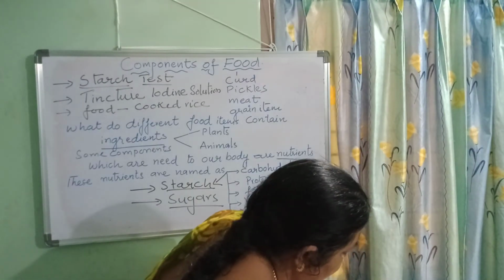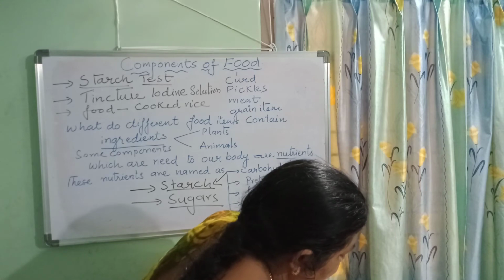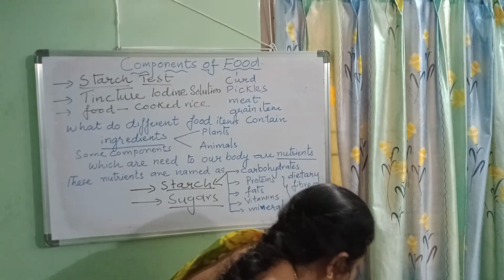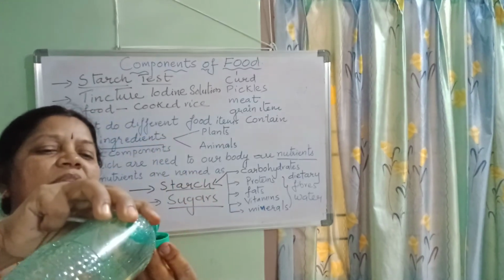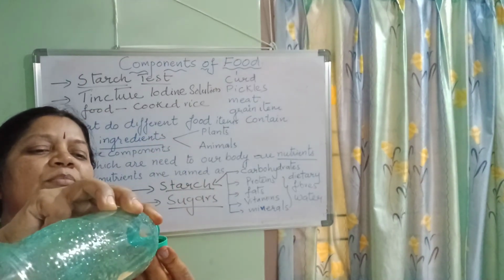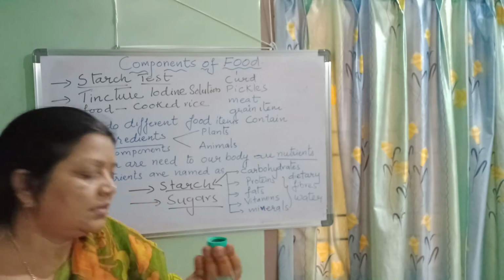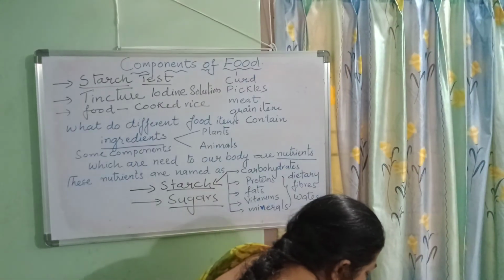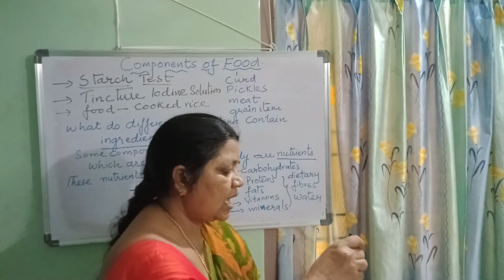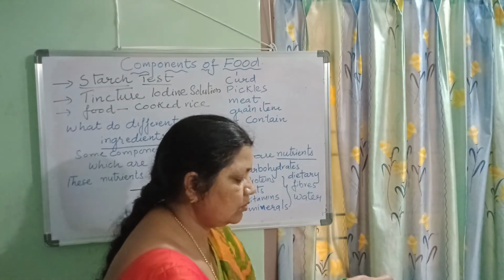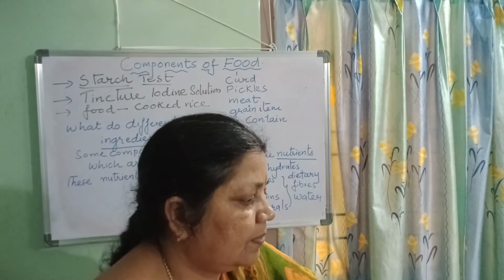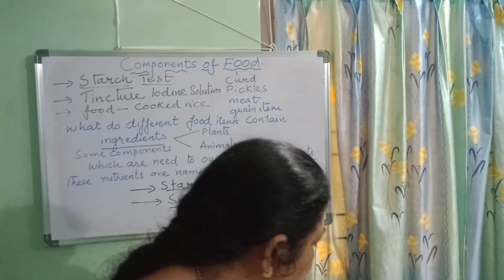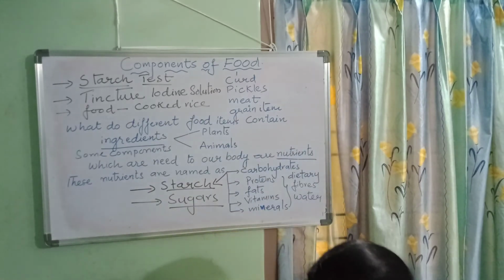I am taking iodine and mixing it with some water, using whatever things are there in the house. Then I add 2 to 3 drops of tincture iodine, that is dilute iodine, to the given food item.